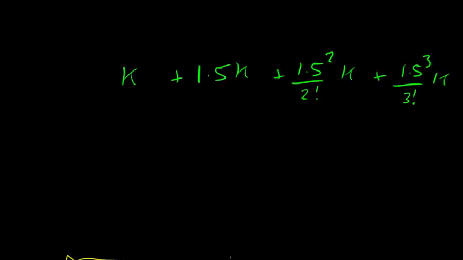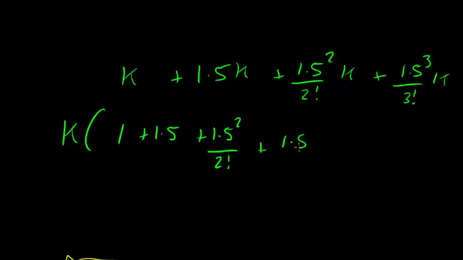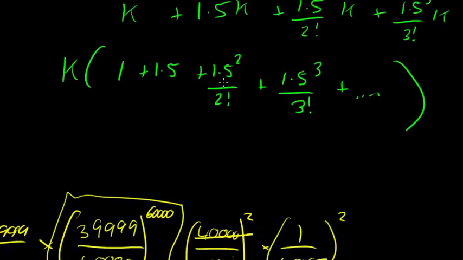So if I take my k out here, I get 1 plus 1.5 plus 1.5 squared over 2 factorial plus 1.5 cubed over 3 factorial. And the next one will be 1.5 to the 4 over 4 factorial, so on and so forth. And this part here actually links into a sequence which you didn't know until further maths, your FP1, FP2, and that comes out to be e to the x, or in this case e to the 1.5.